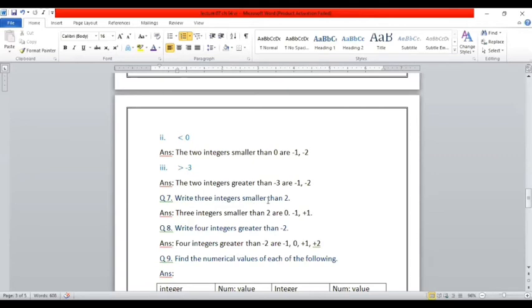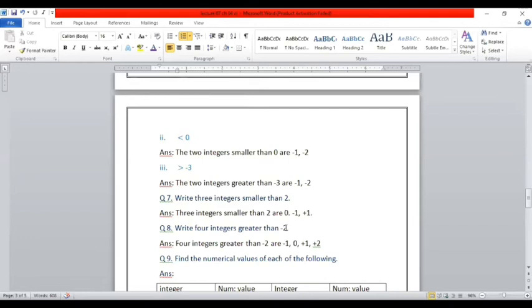Write three integers smaller than 2. There are many values, but we have to consider only three values: 0, comma, minus 1, comma, plus 1. Write four integers greater than minus 2.